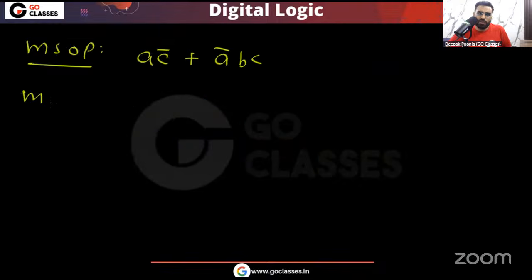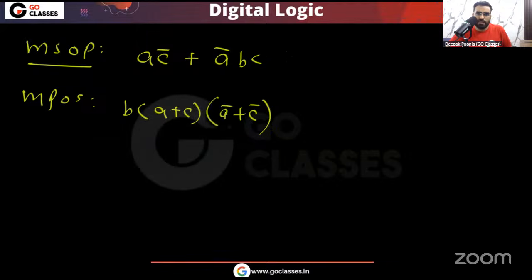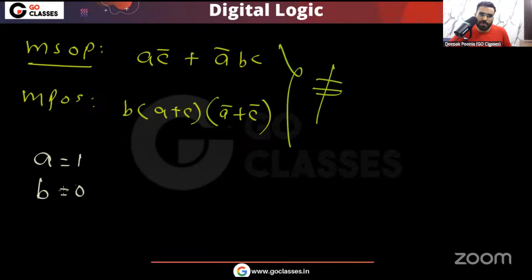And this minimal POS expression that we got is B, A or C, A bar or C bar. Correct? Okay. So here you can quickly see that they are not logically equivalent. The reason: you can just put, for example, A 1, B 0, C 0. Let's put that. So here, what will this expression become?